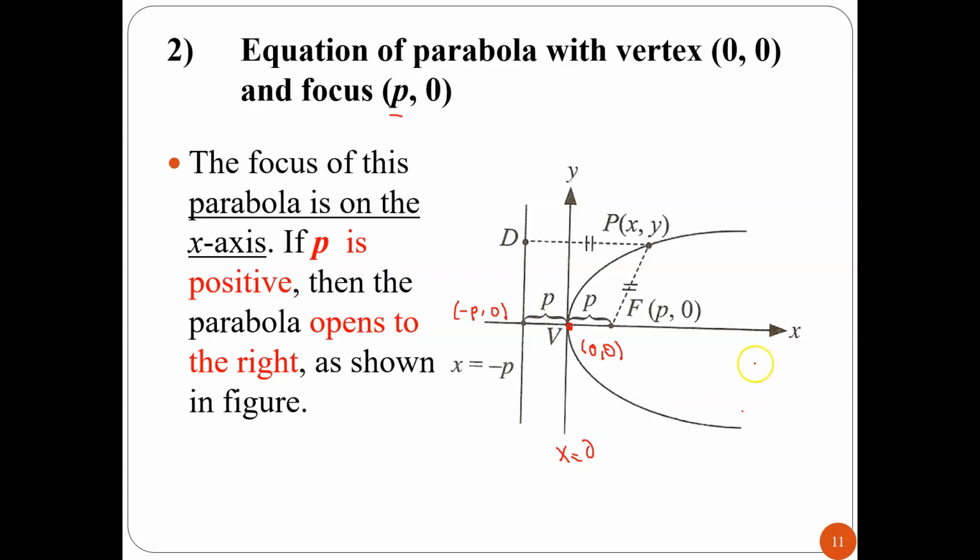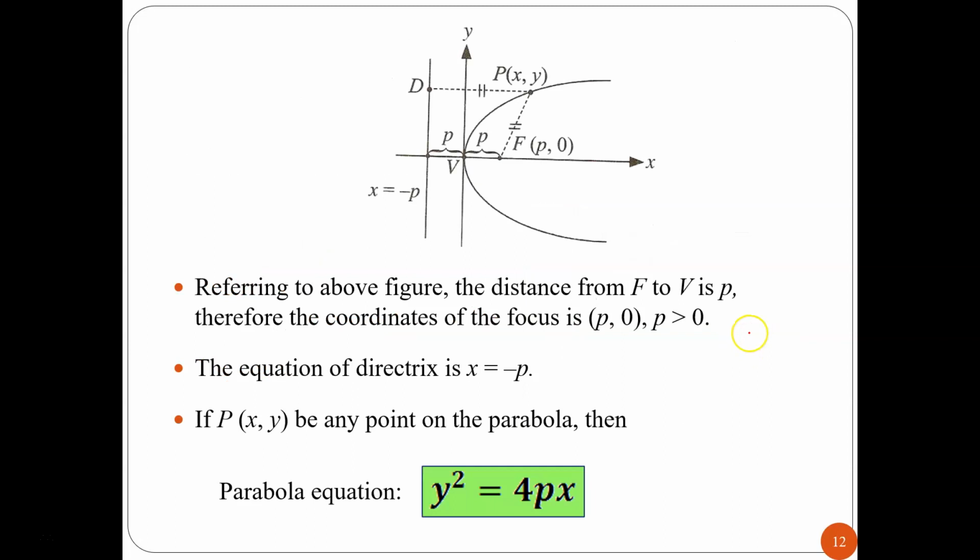So this is how you determine the shape of parabolas, how to draw the directrix, how to determine the F, the P, and so on.